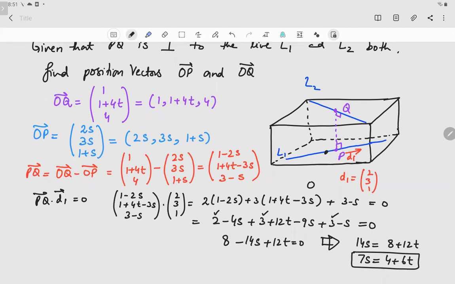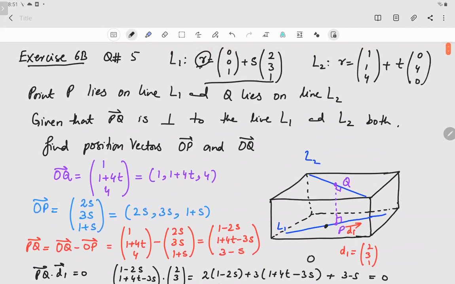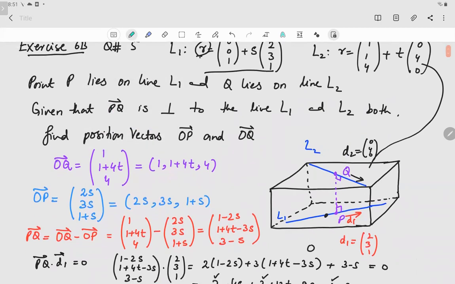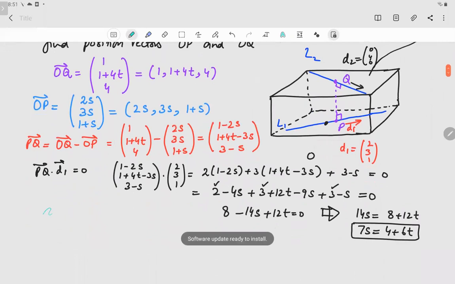Now PQ is also perpendicular to L2, and the direction vector of L2, which I represent by D2, is 0 4 0. In order to calculate the dot product of PQ with D2, we calculate it like this.